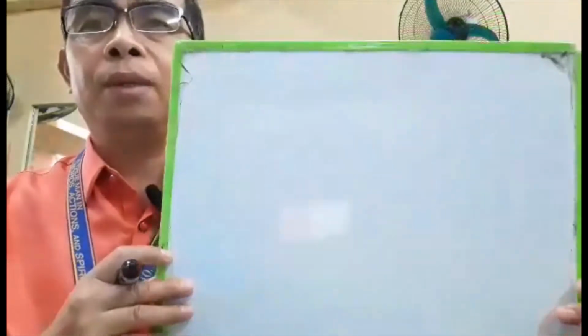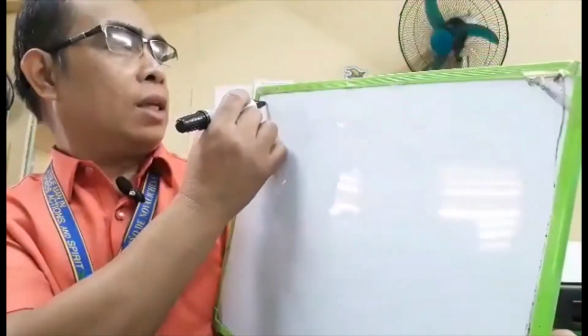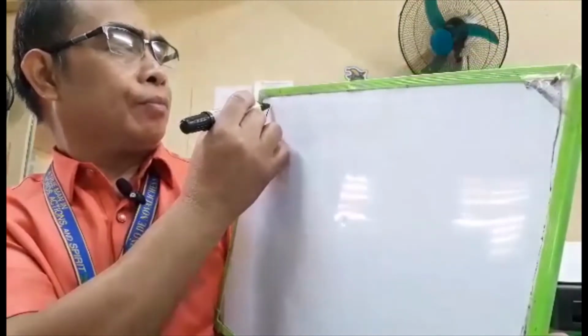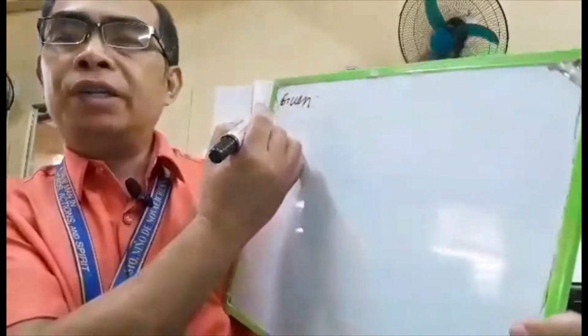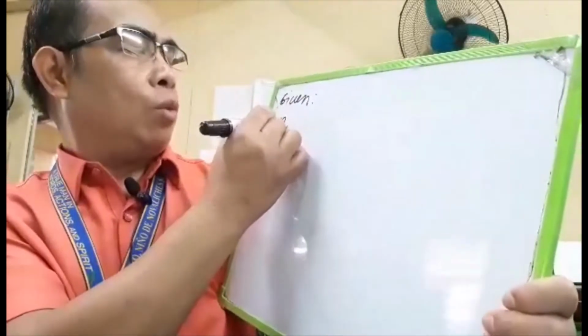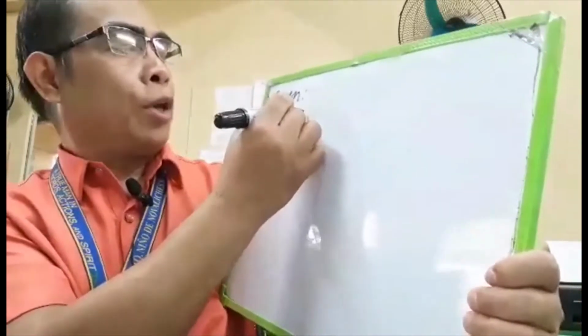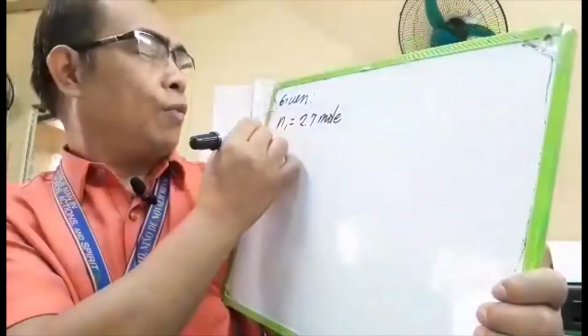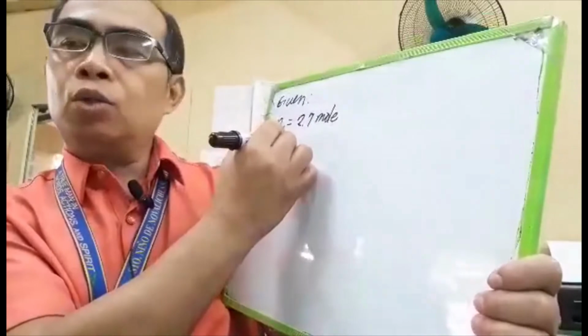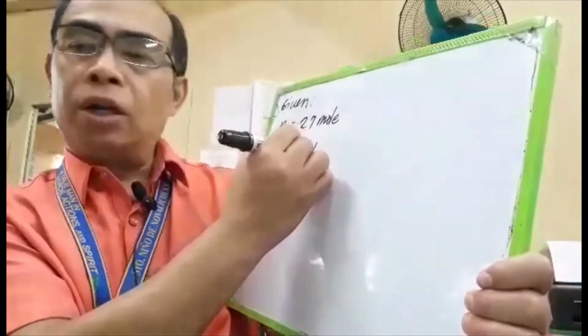So this time, let us try to identify the given. I'll be using again my whiteboard. Okay? So given natin, we have here our given on this problem. First, we have N1, which is 2.7 moles. We have also V1, which is equal to 2.9 liters.